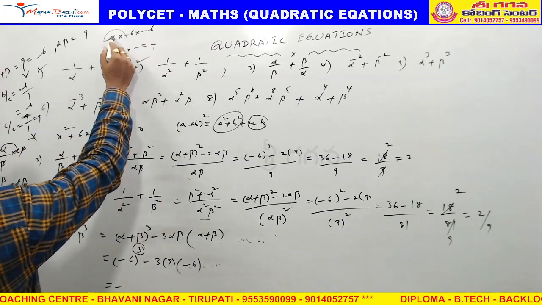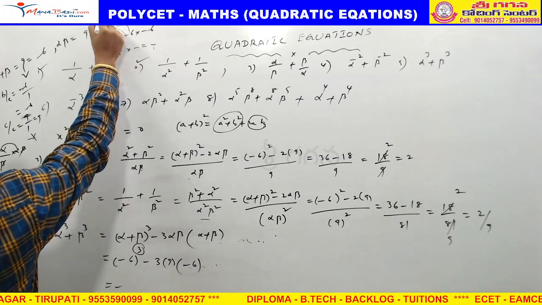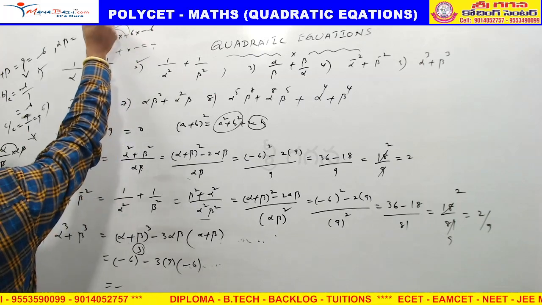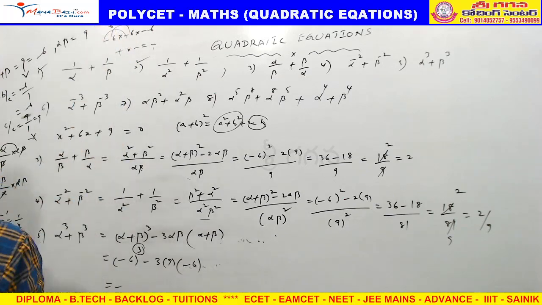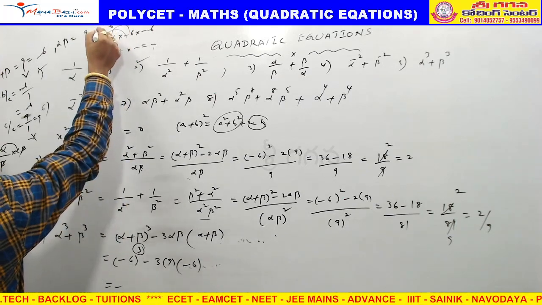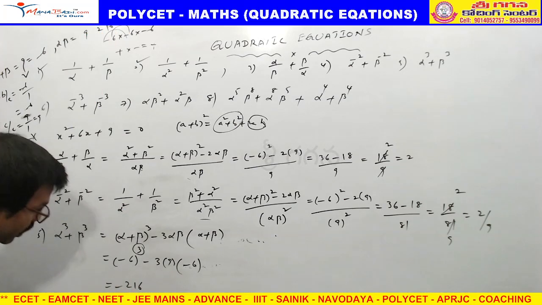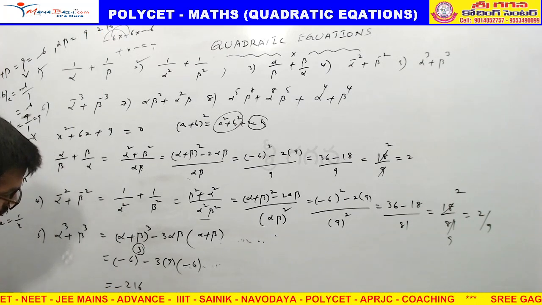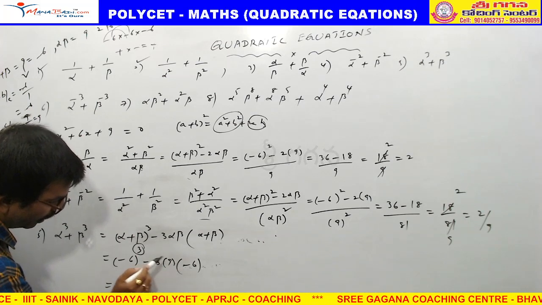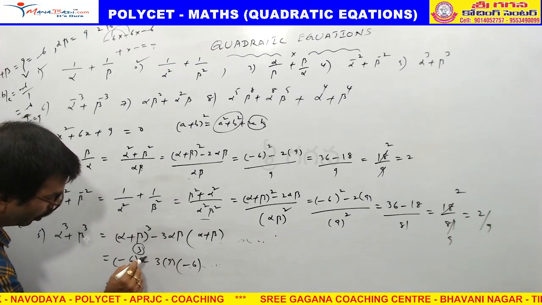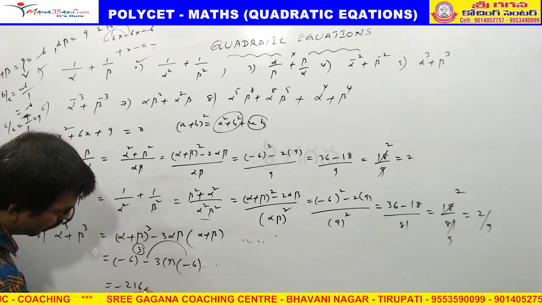If you multiply 6 into 6, 36. 36 into 6: 6 into 6, 36; 6 into 3, 18; 18 plus 3, 21. So finally you get minus 216. Here this is a product only. When you take a product, if you take two same symbols, minus minus plus will come.